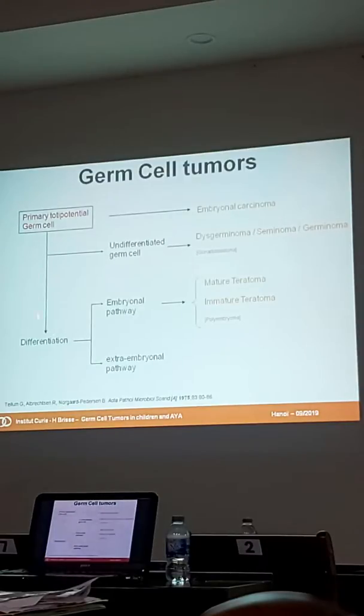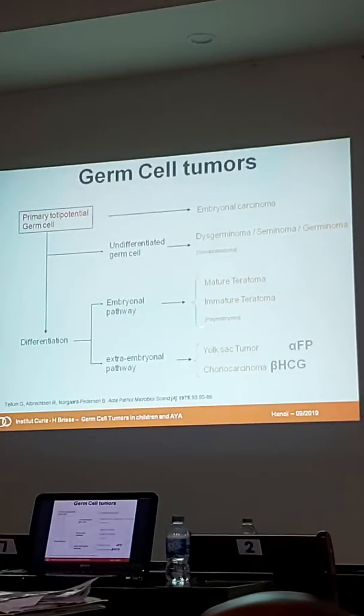But also the germ cell can have a differentiation according to an extraembryonal pathway, and this leads to yolk sac tumors and choriocarcinomas. And the specific point of this extraembryonal pathway is that both tumors can secrete markers.